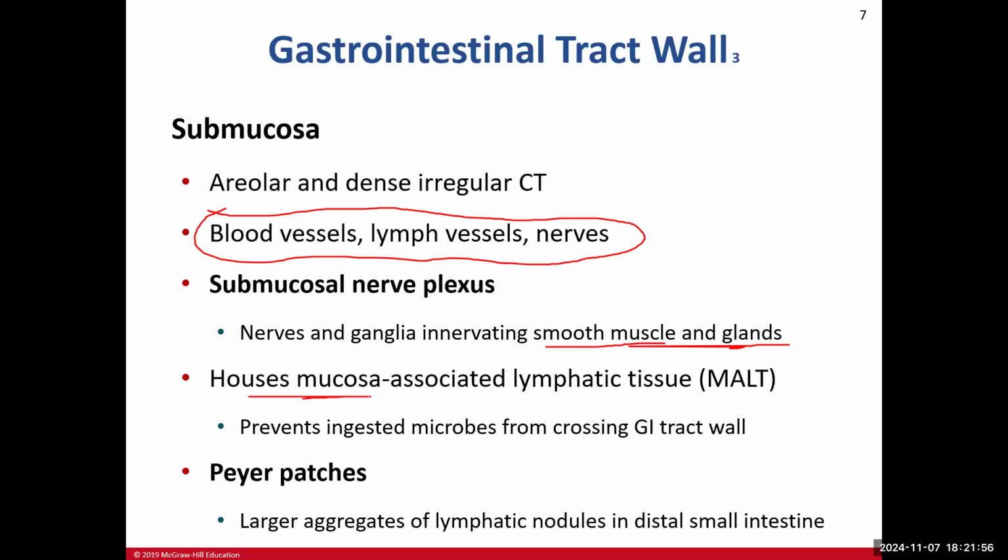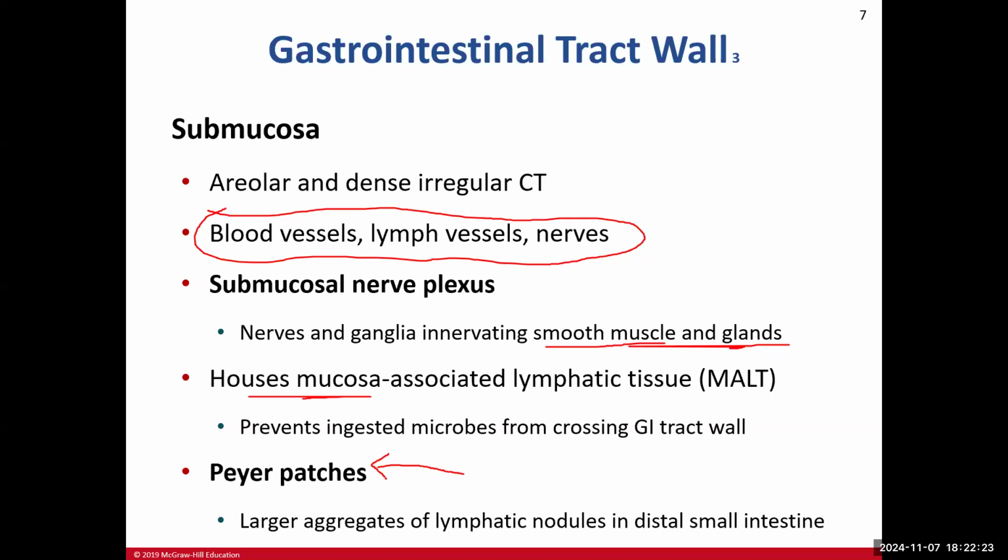And then we call those MALT structures in the small, when we get into the lower digestive tract there, Peyer's patches, and you'll see them. They're these big clumps of white blood cells that are just congregating in these big ball-like structures. And you'll see a lot of those along the distal part of the small intestine just before we transition into the large intestine.